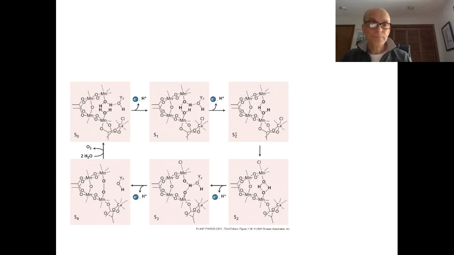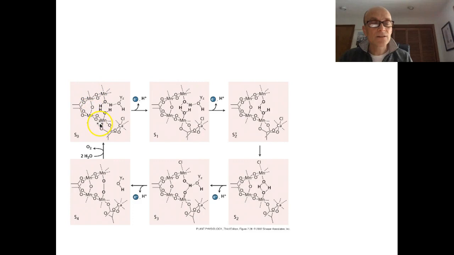What this is showing here is really only part of the complex, so part of a protein. You can see that all of these areas are actually the protein, the amino acids from this protein arranged in a certain way around a cluster of manganese and oxygen.